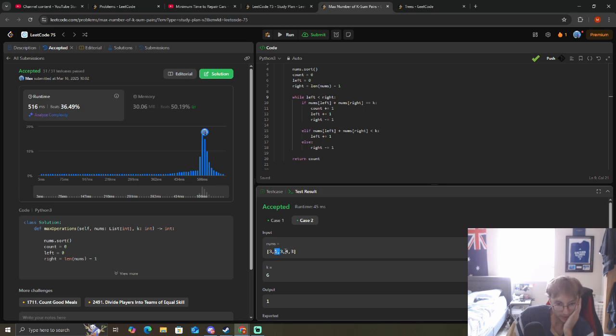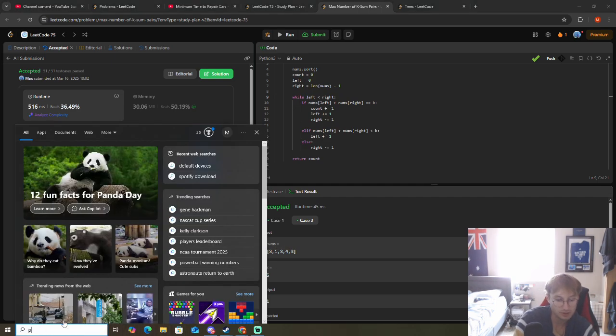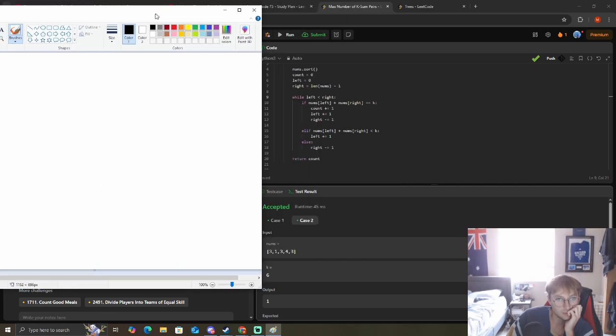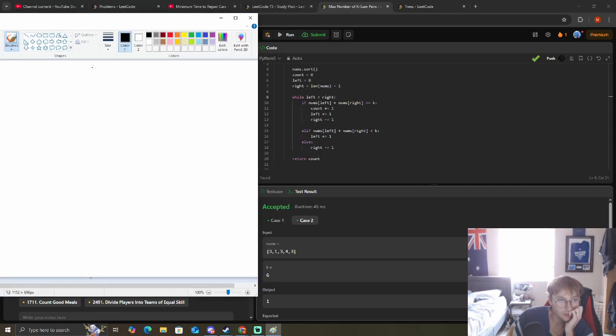Okay, well, if our left 1 and 4 is 5, right? Our 5 is less than k. We need a bigger value, right? Let's kind of try and visualize this better because we have a sorted array. So if our sorted array is 1, 3, 3, oh, we got 3 3s.